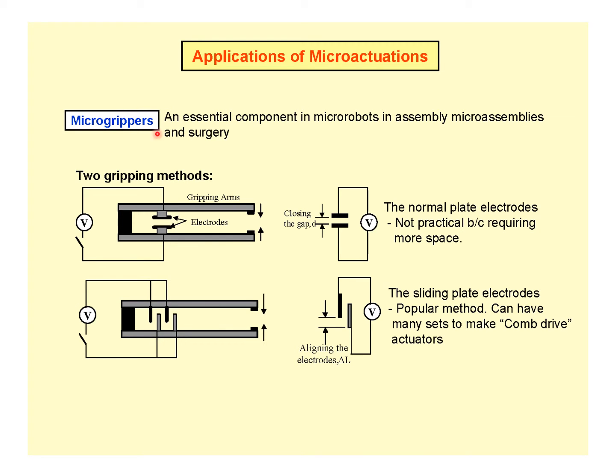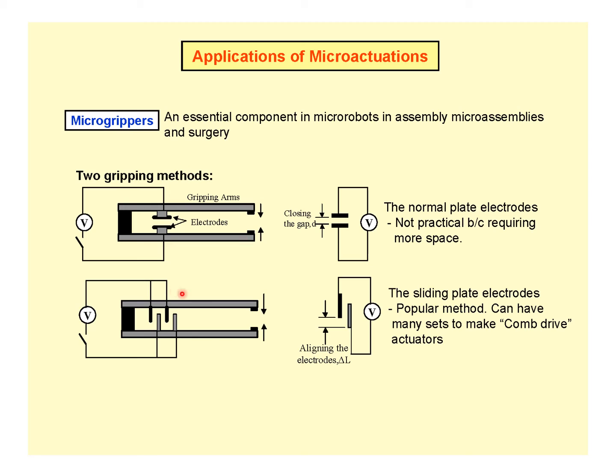For this, we have an application called the micro gripper, which is an essential component in MEMS or micro level fabrication, because we couldn't handle the micro level devices with rough hands. So we need gripper-like devices in order to grip the smaller objects. For gripping the smaller objects, we have a device called micro grippers.